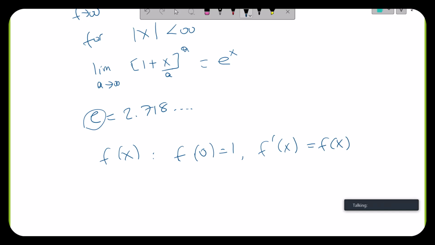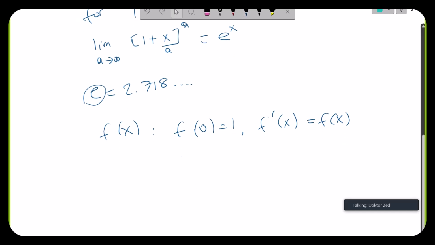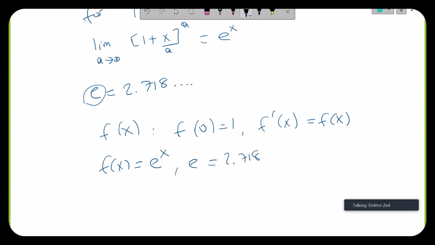This is called a differential equation with a boundary condition. If you solve that differential equation, f of x has to be e to the x. e is 2.718.